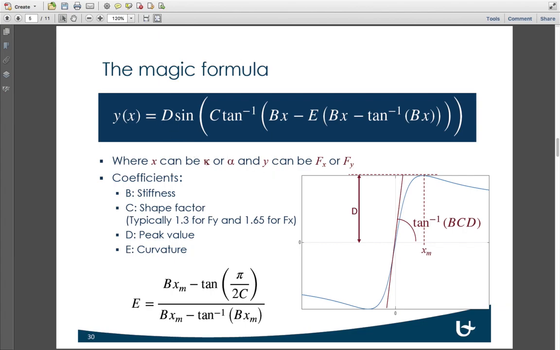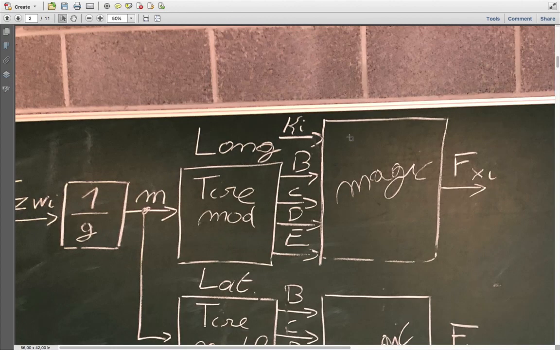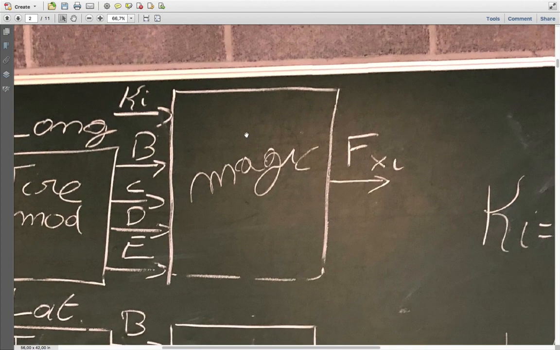So the input will be the longitudinal slip ratio or the slip angle. And of course, we have to determine this kappa and alpha. How to determine that? Well, I made a drawing on the blackboard during the last course to show you how to do it.